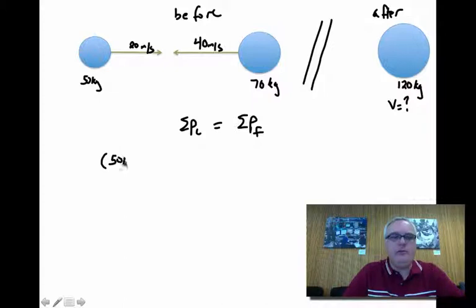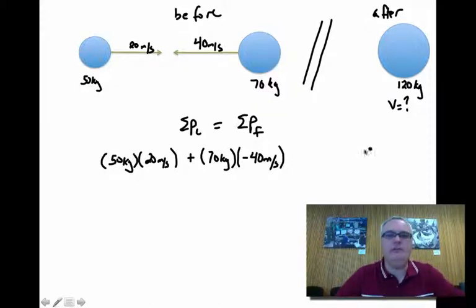So the initial momentum of the first object plus the momentum of the second one. Now for this one, what you have to remember is that the velocity is in the opposite direction, so you have to put it in with a negative sign for the direction.